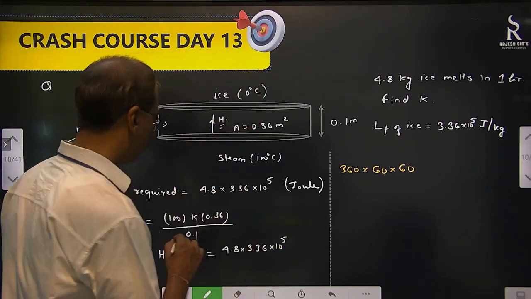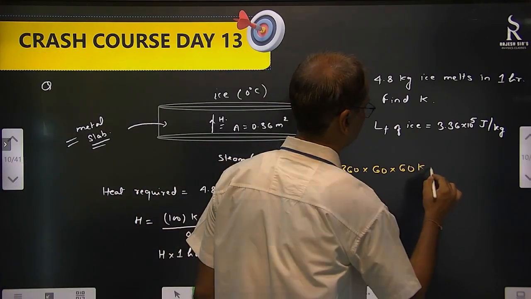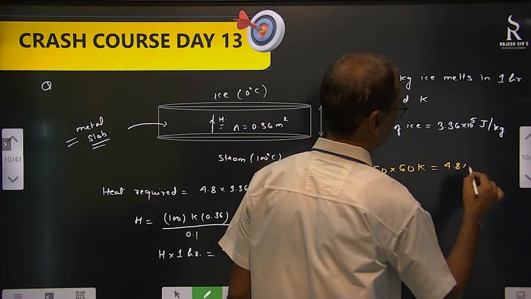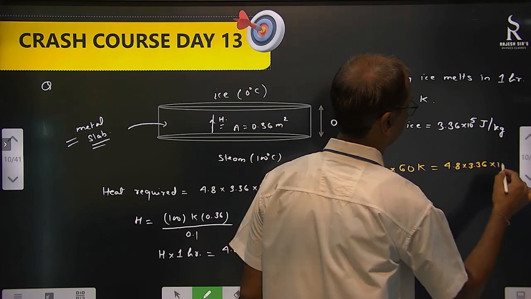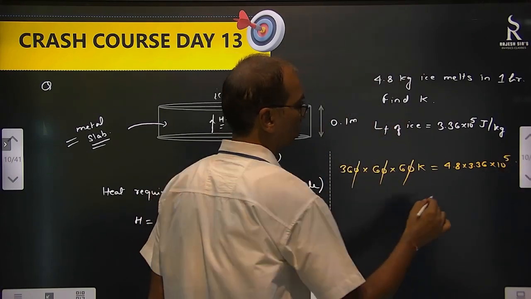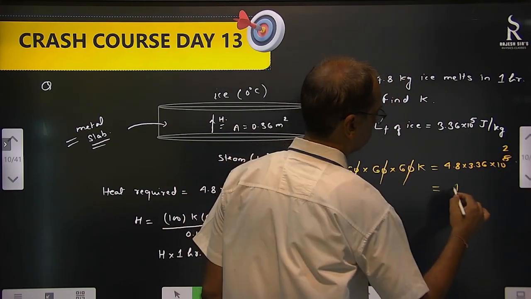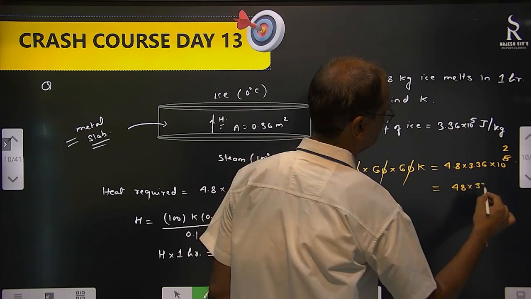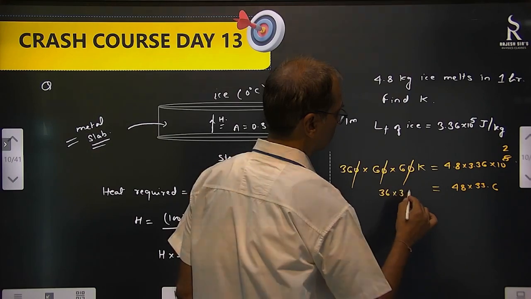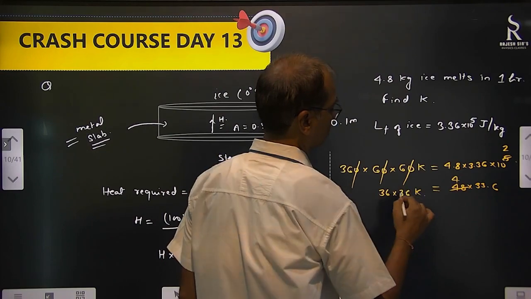Okay. But what I left is K. So K is here equal to 4.8 into 3.36 into 10 to the power 5. Okay, so this is 10, this is another one, then another one. So here 3 zeros have gone. So this is now 48 into 33.6, where here is 36 into 36. Okay, so this is 4, this is 3.